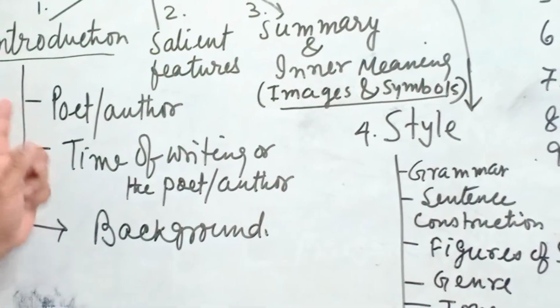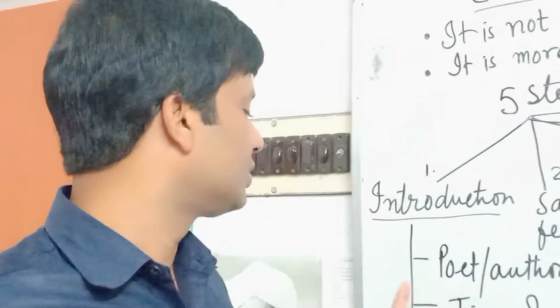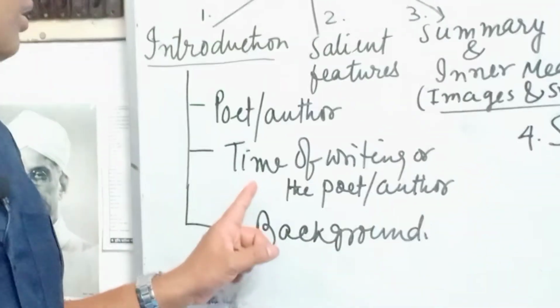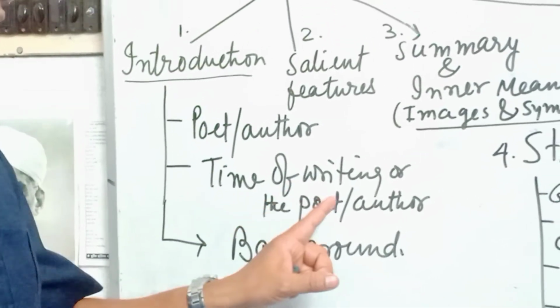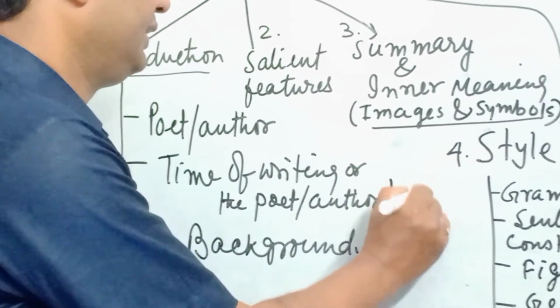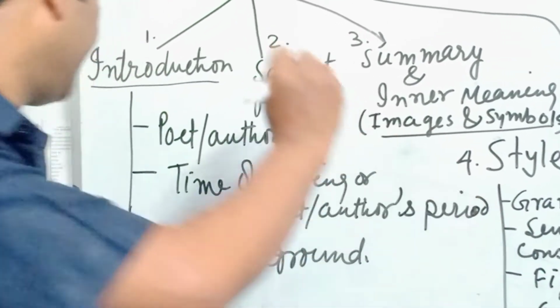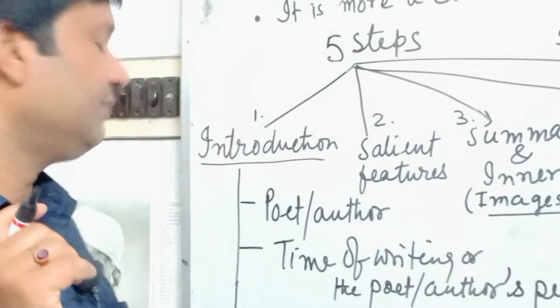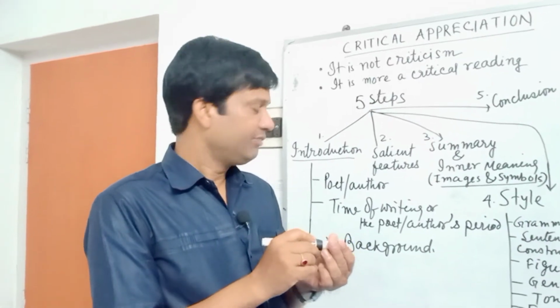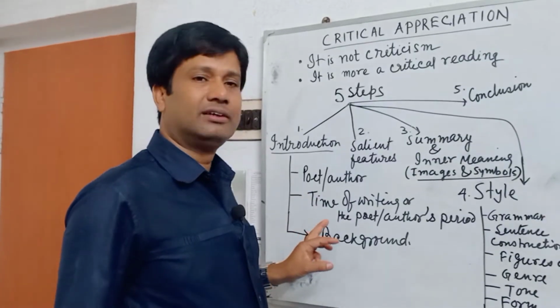Okay. So in introduction, you should mention the poet or author, time of writing, or the poet or author's period. Okay, and you should write background. If I give you an example, this idea will be very clear.